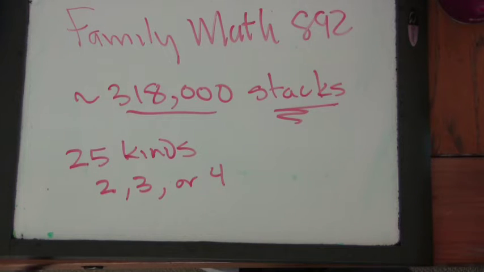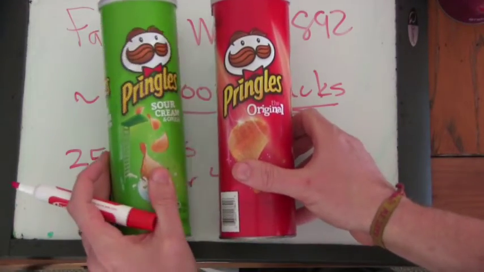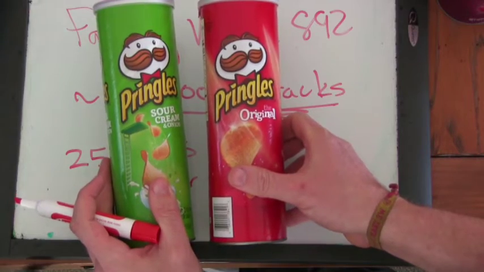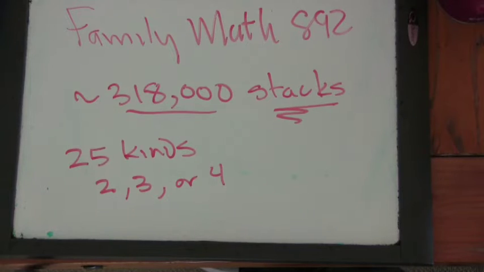Just to simplify things a little for this project, they meant no repeats. So we have 5 different ones, but if you have original and sour cream, you can't have a stack of 4 that's 2 original and 2 sour cream. There are still 2 different ways to interpret what they meant here.